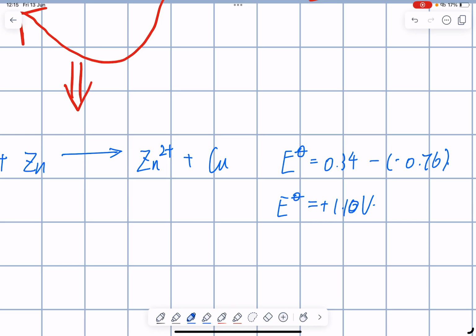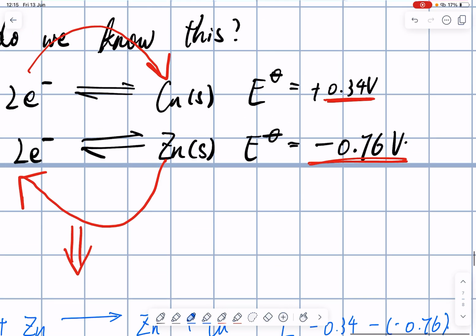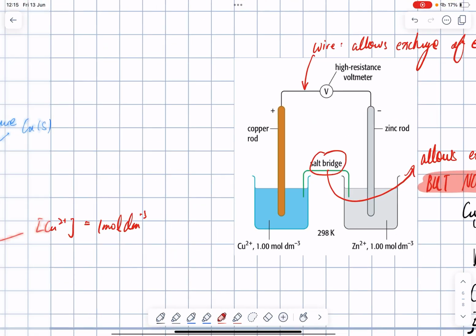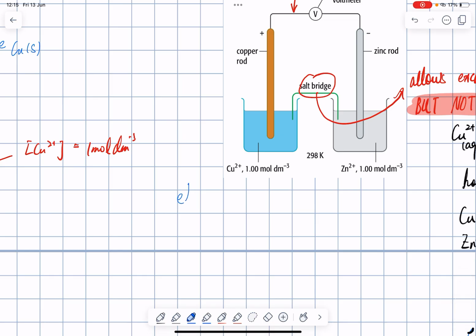This is how we calculate the potential difference of an electrochemical cell. So I will just label this electrochemical cells. Okay, perfect.